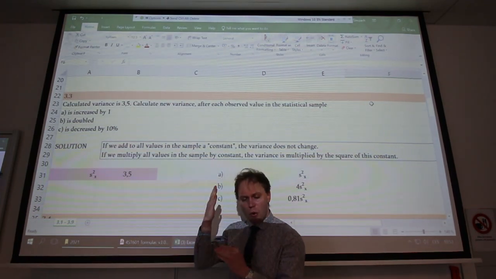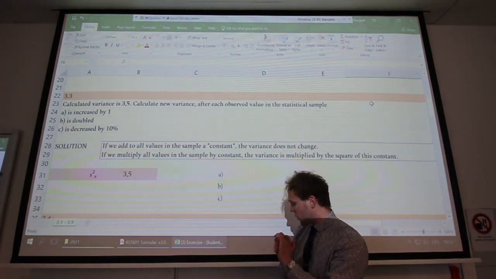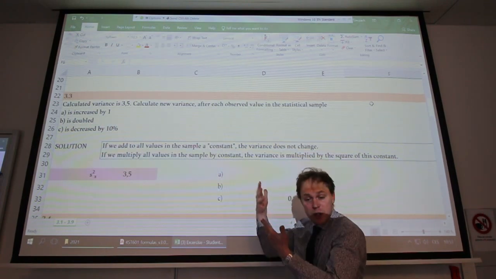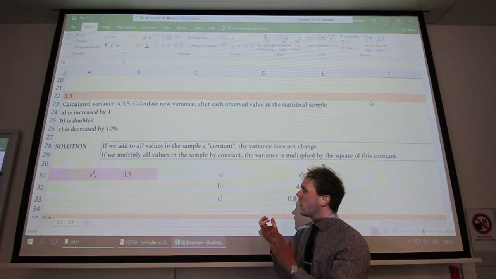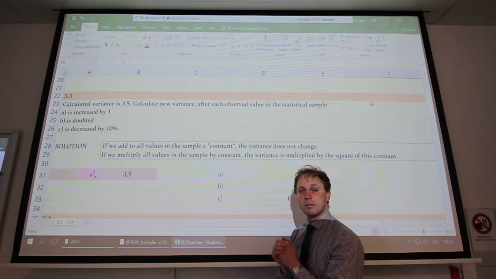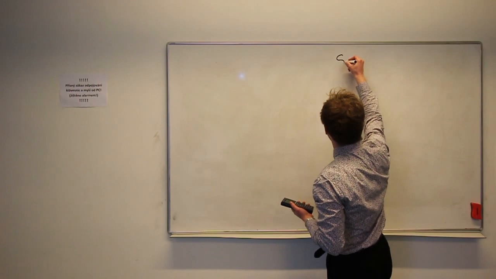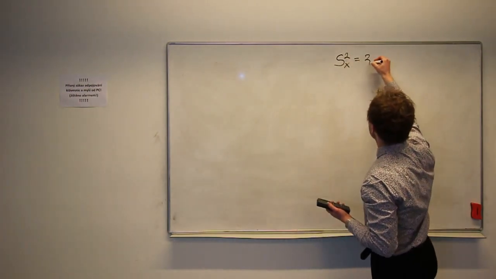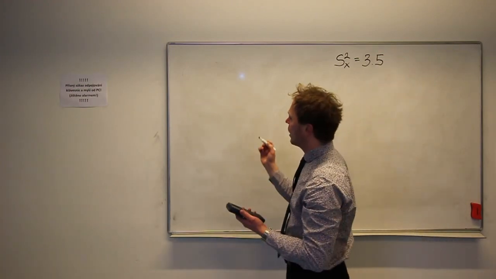So we must know the basic characteristics of variance. I will show you these operations on the whiteboard, with some illustrations. We know only that the calculated variance s_x squared is equal to 3.5, but we don't know the sample.